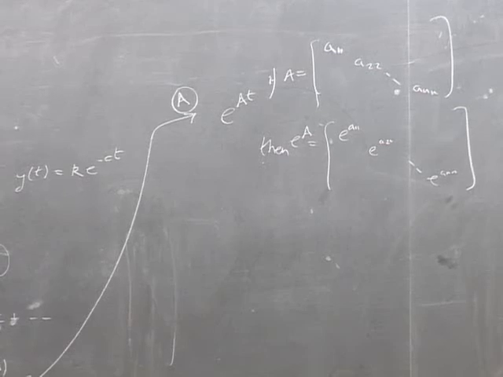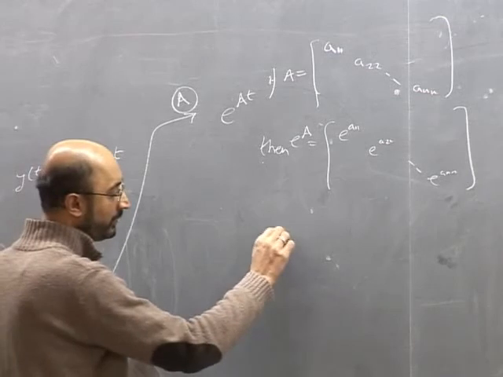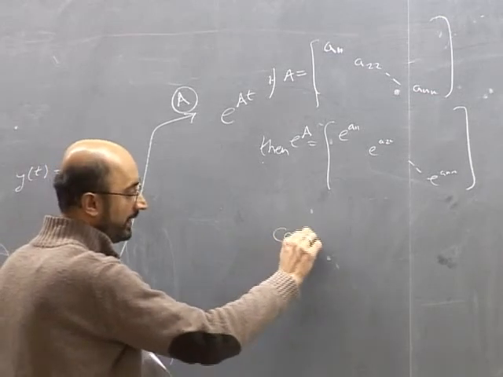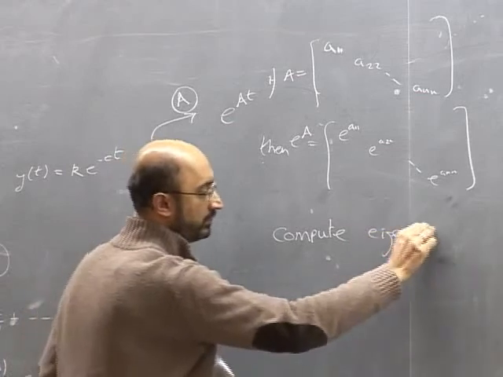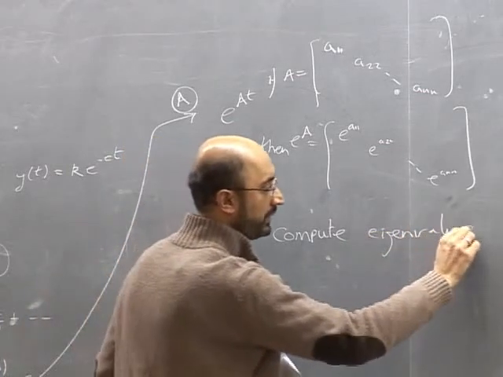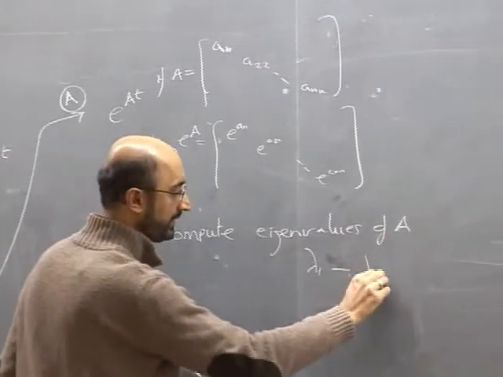So the question is, can we make A look like a diagonal matrix? And the answer is yes. Through a similarity transformation, we can do this, and I'm just going to sketch it over here. What we do is compute the eigenvalues of A, and let's say these are lambda 1 to lambda n.